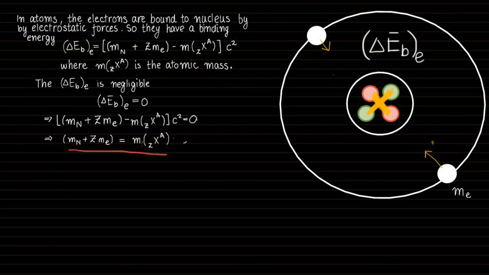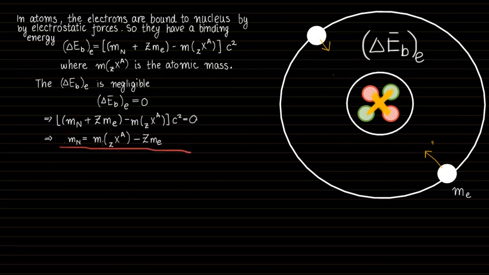So when this condition is satisfied, the binding energy of the electron will be 0. Fine. So from this expression, we can find the expression for the nuclear mass. To write the expression for the nuclear mass, what you can do is send the total mass of the electrons to the other side of the equation. Fine.